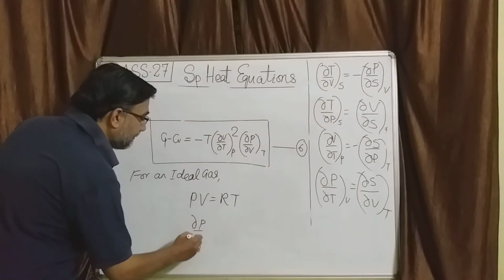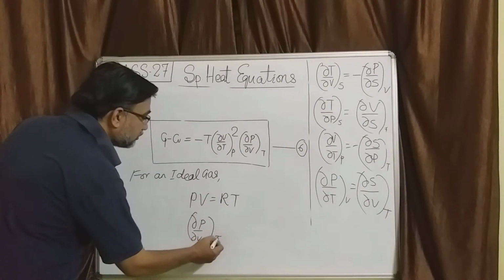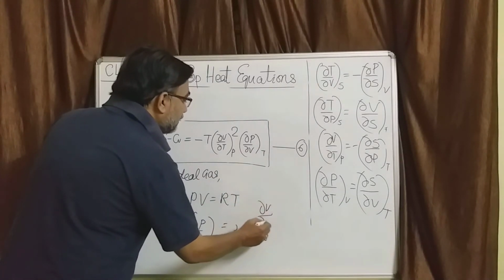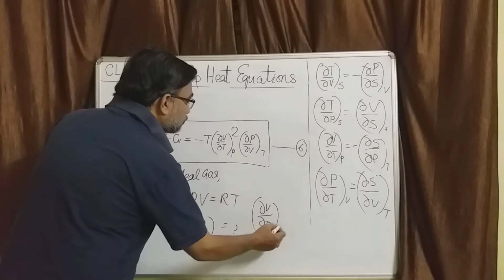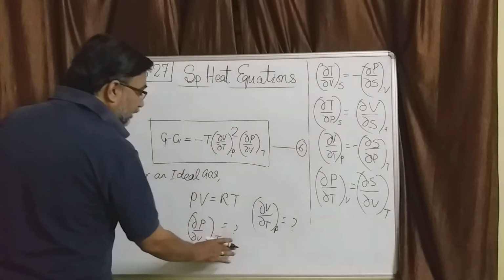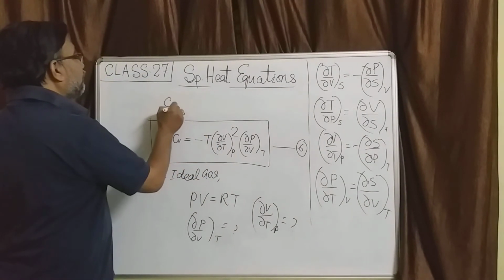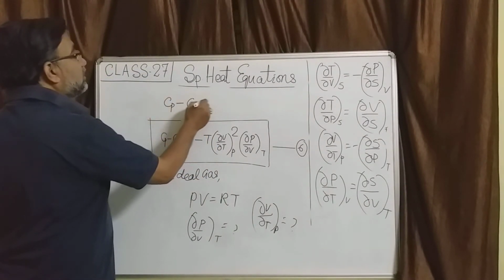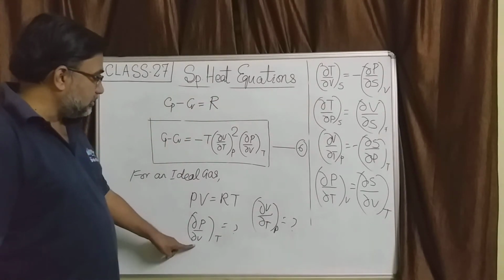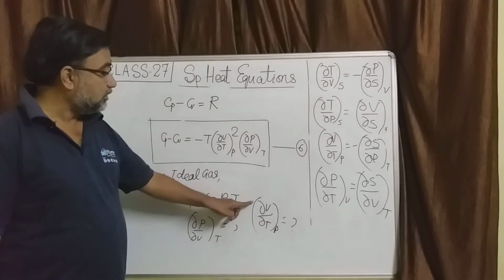dP by dV at constant T for this, and find out dV by dT at constant P for this. And you will find that if you put this value and this value here, then Cp minus Cv comes out to be R. Just do this differentiation.